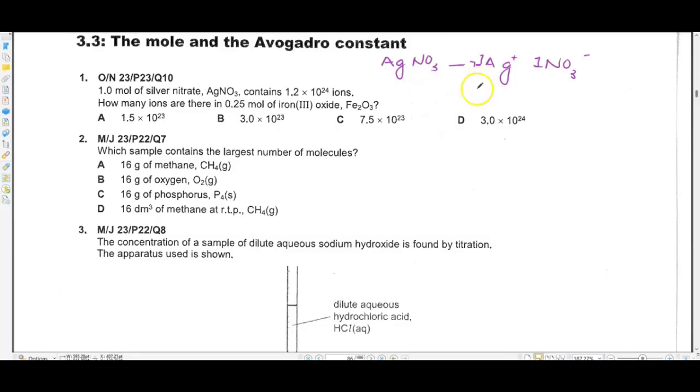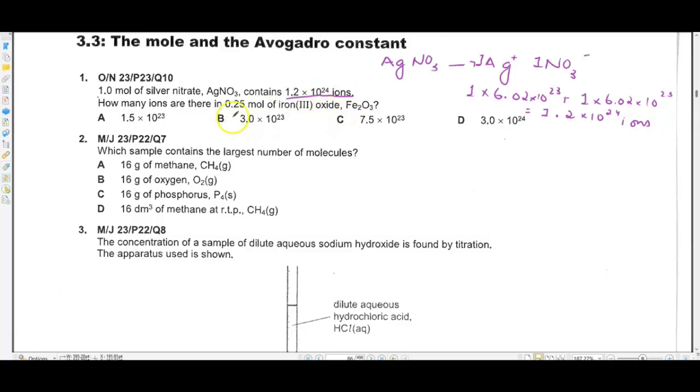For silver, the ions are 1 into 6.02 into 10 raised to the power 23, and for nitrate it's 1 into 6.02 into 10 raised to the power 23. When you add them, the answer is 1.2 into 10 raised to the power 24 ions. That's how they are stating that 1 mole of AgNO3 contains this many ions.